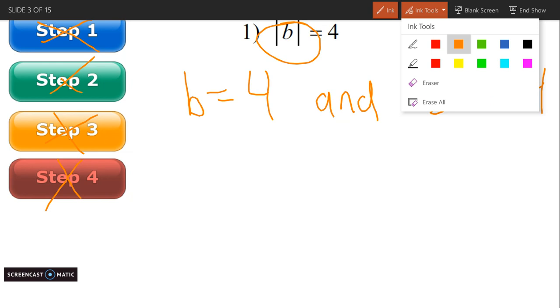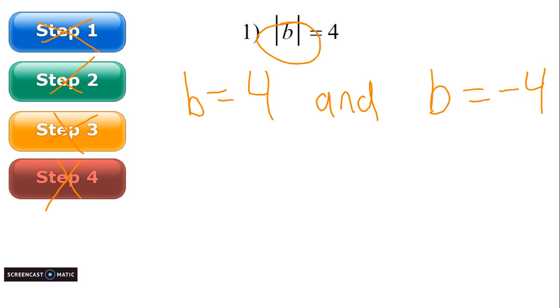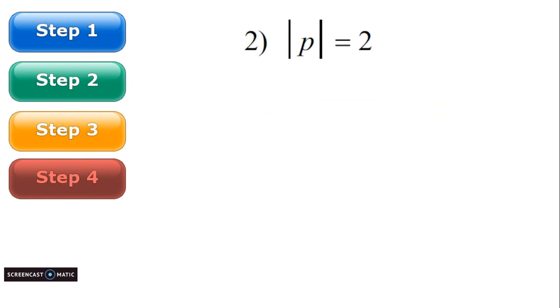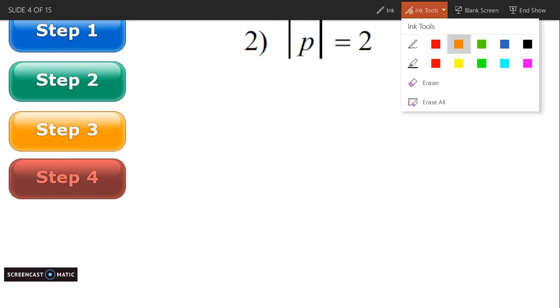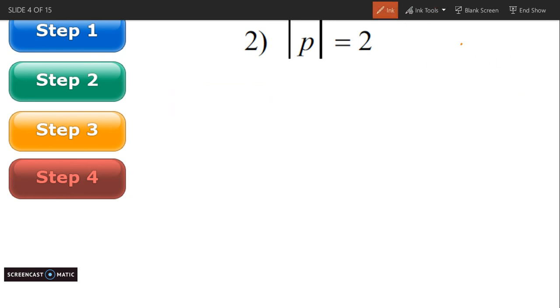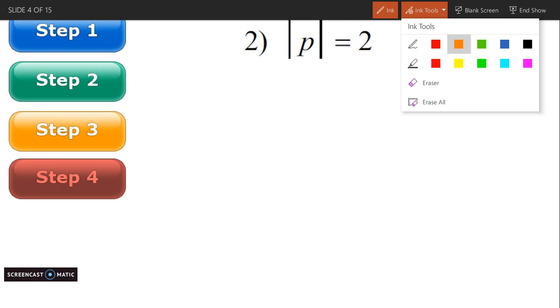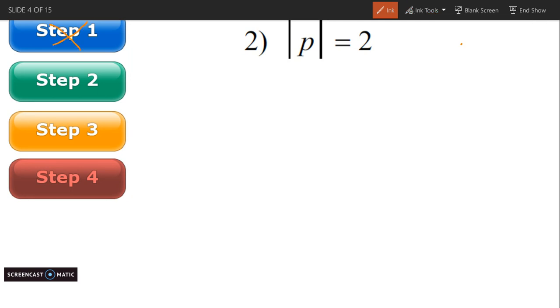Okay, next one here. The absolute value of p equals 2. So step 1, is the absolute value by itself? Well, yeah, it is. Step 2, is it possible? We've got a positive number here, so it is possible. Step 3, set up 2 equations.